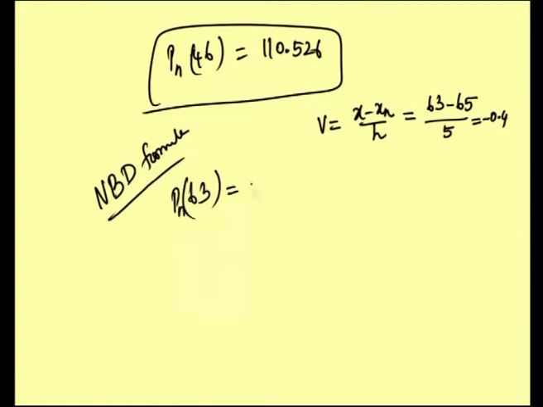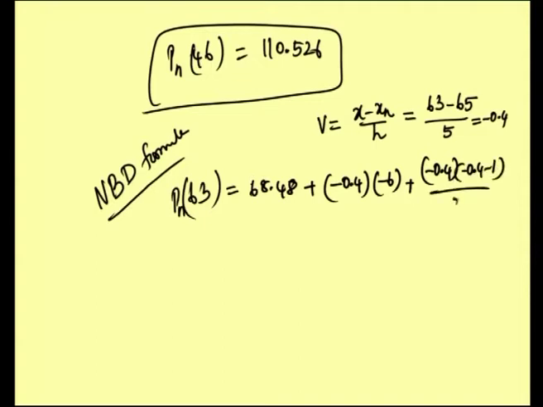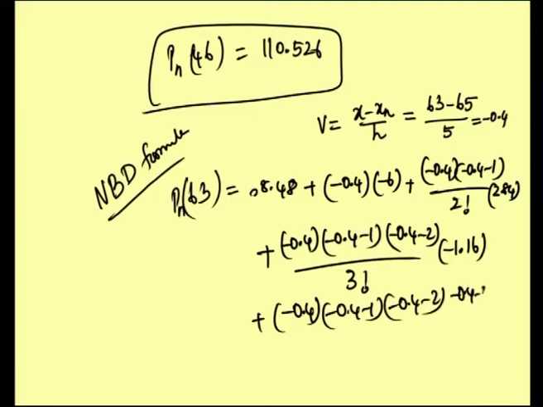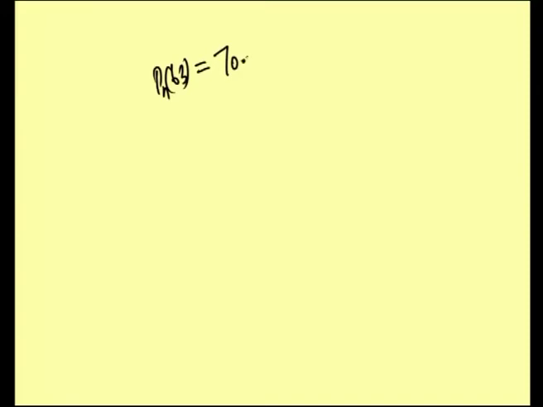So, yn is the last y value, 68.48, plus v into minus 0.4 into nabla yn. Nabla yn is nabla y4, minus 6, plus minus 0.4 into minus 0.4 plus 1 by 2 factorial into nabla square yn, which is 2.84, plus minus 0.4 into minus 0.4 plus 1 into minus 0.4 plus 2 by 3 factorial into minus 1.16, plus minus 0.4 into minus 0.4 plus 1 into minus 0.4 plus 2 into minus 0.4 plus 3 by 4 factorial into 0.68, and this value comes to be equal to 70.58. This is using Newton's backward difference formula.